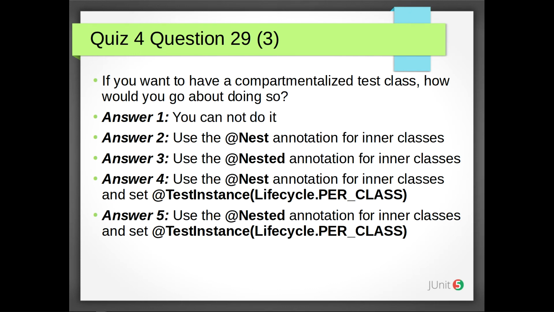Use the @Nest annotation for inner classes and set @TestInstance(Lifecycle.PER_CLASS). Answer 5. Use the @Nested annotation for inner classes and set @TestInstance(Lifecycle.PER_CLASS). And the correct answer is 3. Use the @Nested annotation for inner classes. Some of these answers are partially correct. You have to keep in mind some of them are totally off the wall.